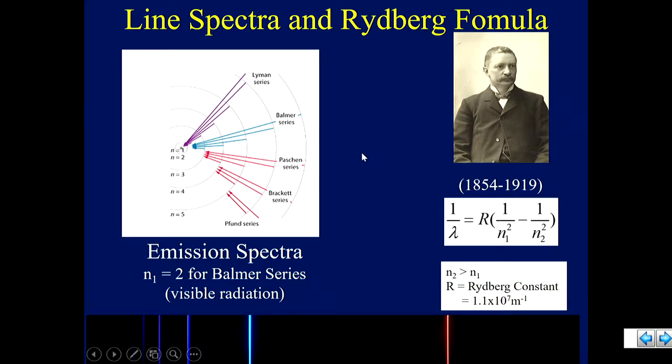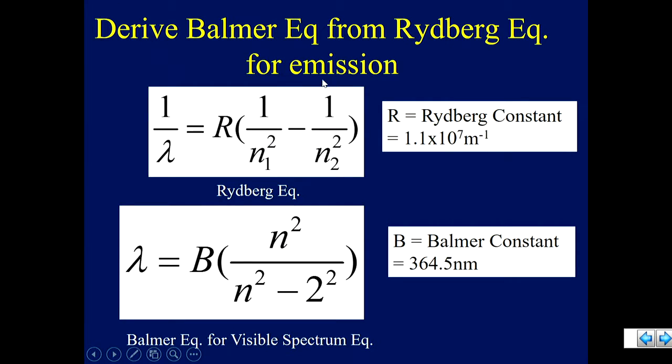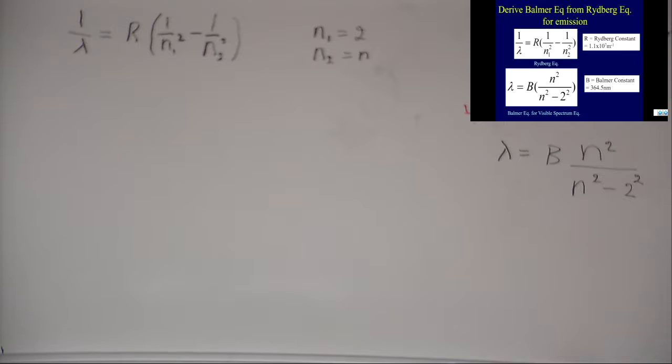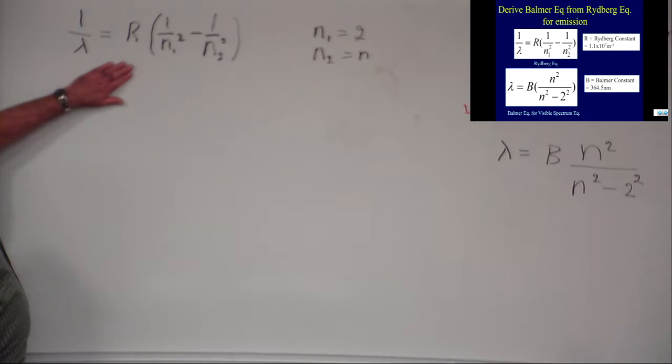Now what we want to do is take a minute and derive the Balmer equation from the Rydberg equation with the condition that the lower state, n1, is equal to 2, and we will derive the Balmer constant for visible radiation. Okay, so here we have the Rydberg equation.